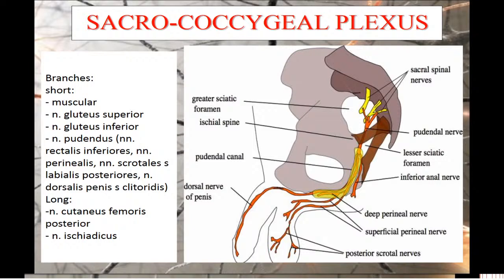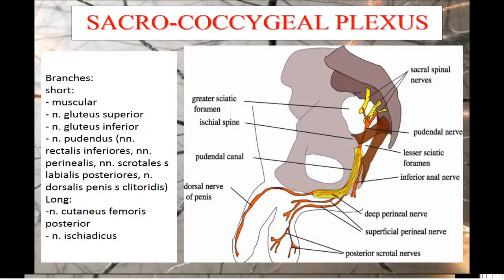Next of the short branches is the superior gluteal nerve, nervus gluteus superior. This superior gluteal nerve exits the pelvis via the suprapiriform foramen. By the way, here it passes together with the corresponding vessels, the superior gluteal artery and superior gluteal vein, and supplies the same structures as supplied by the artery, especially the gluteus minimus and gluteus medius muscles.